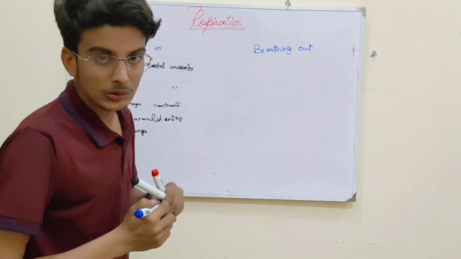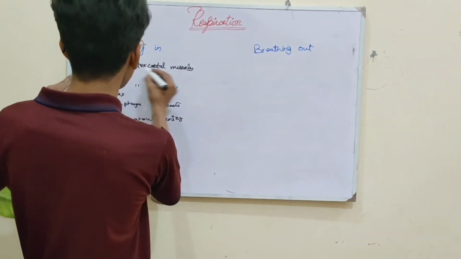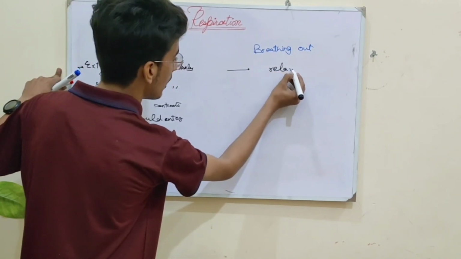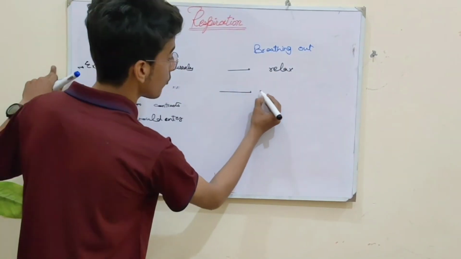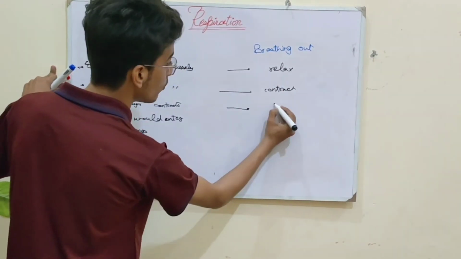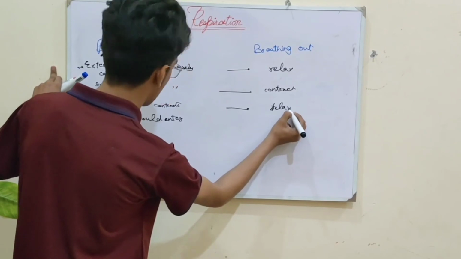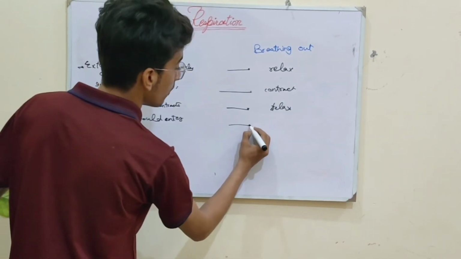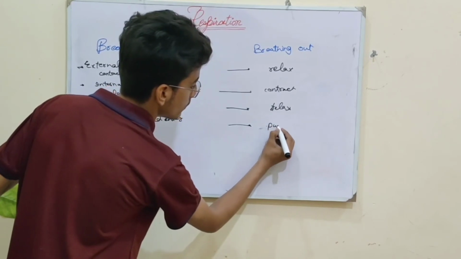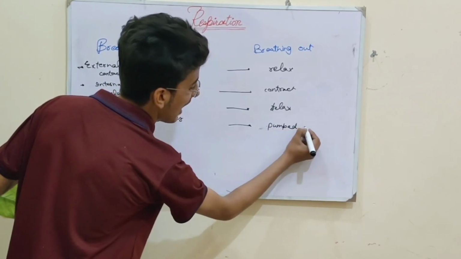In breathing out, the external intercostal muscles would relax and the internal would contract, and the diaphragm would relax and the air would be pumped out.